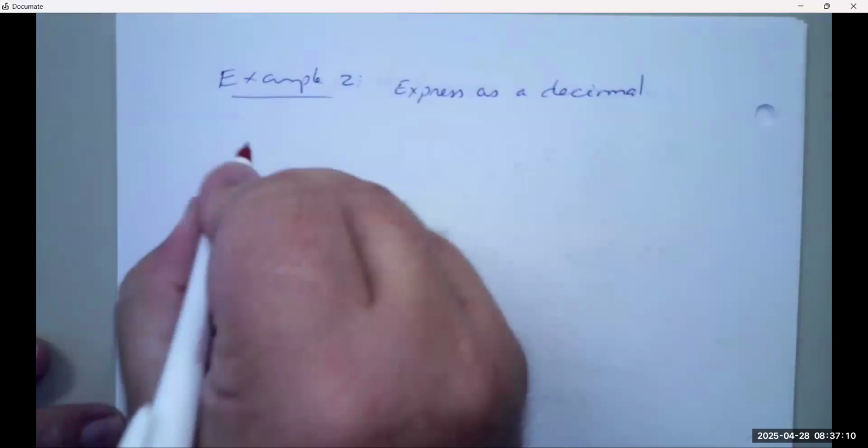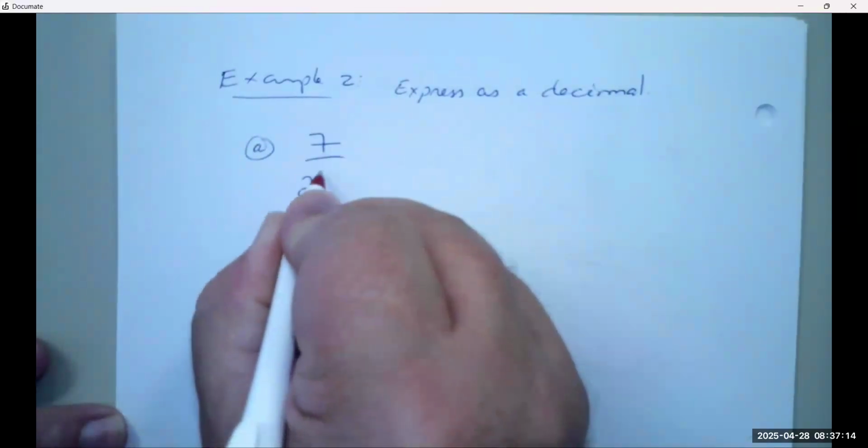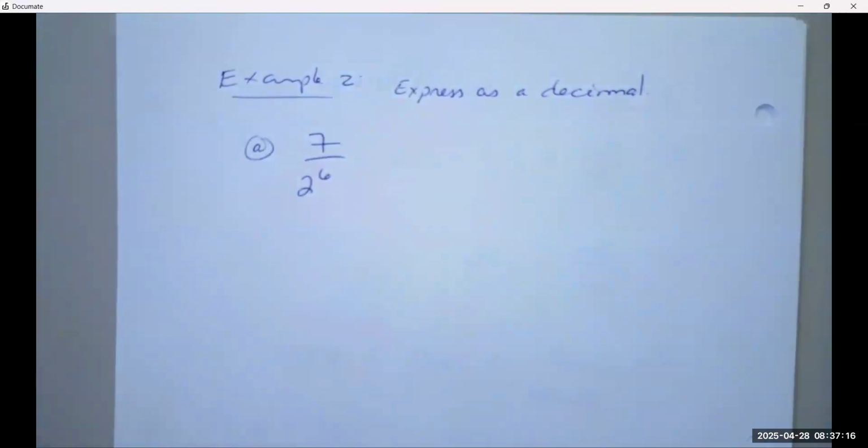Express as a decimal. Because so far, whenever we have a 10 on the bottom or 100 or any factor of 10, isn't it a lot easier to move the decimals that way?